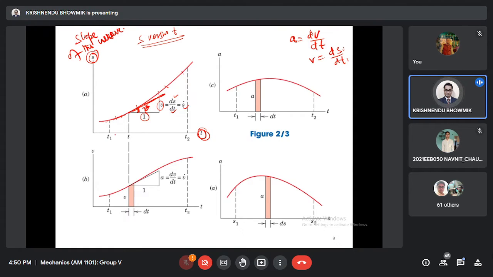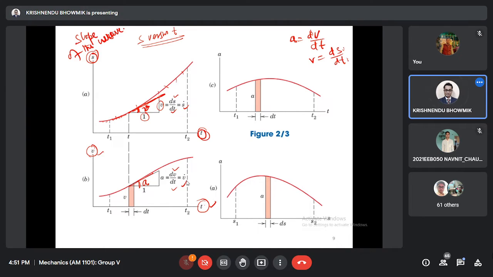The slope will be velocity and this will be time. So the v versus t you can get from this instantaneous slope at different places. Then once again the slope of v versus t will be the value of a. Acceleration will be dv dt or v dot.